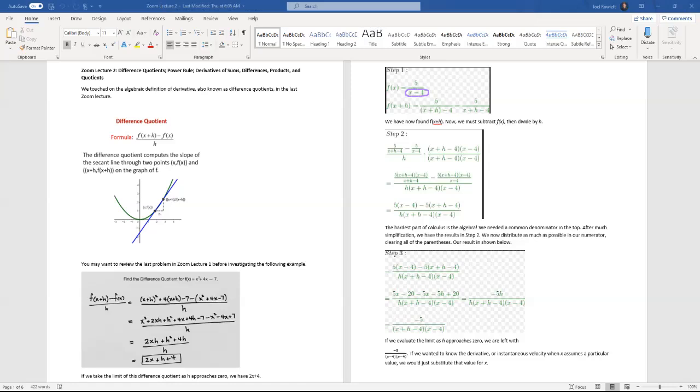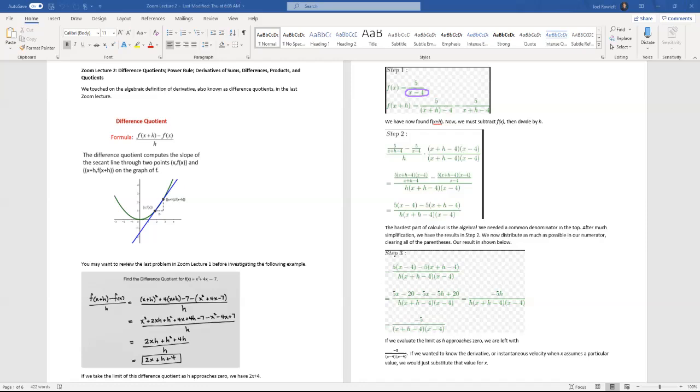In other words, x cannot be 4. Because if x is equal to 4, then we would have 4 minus 4, which is 0 in the denominator. So we have to keep that in mind as we progress through calculus. We have to look out for potential downfalls and what to do about that.